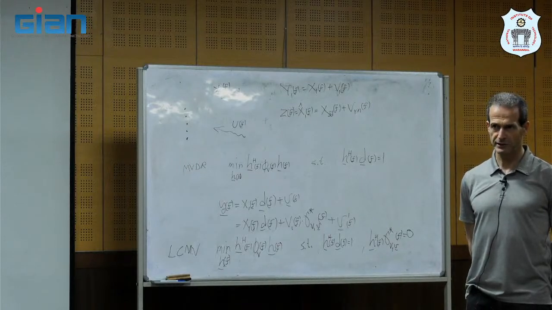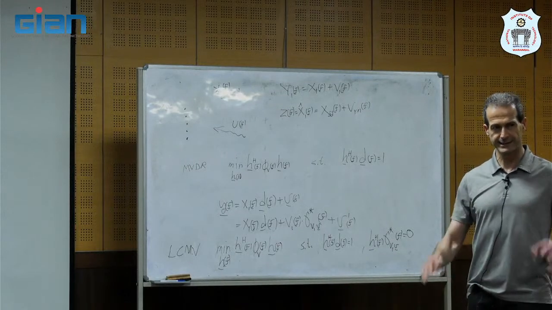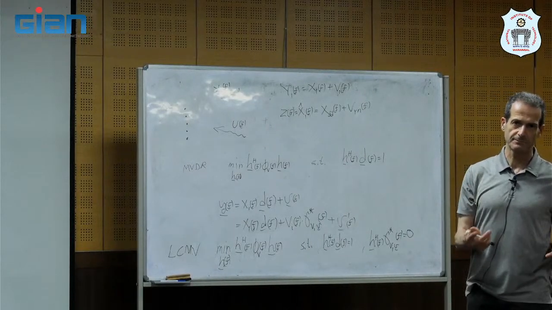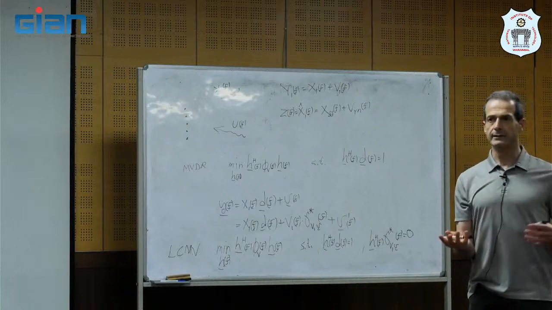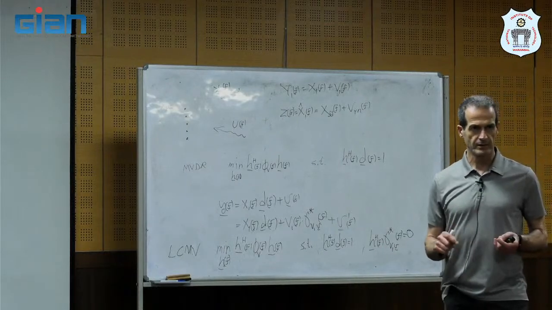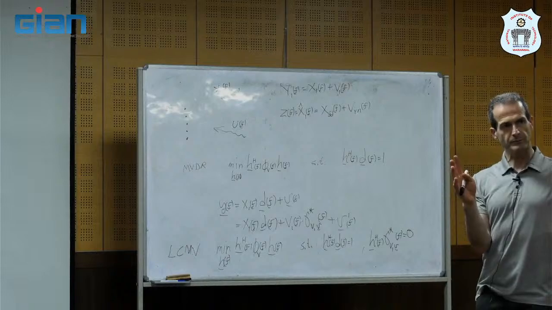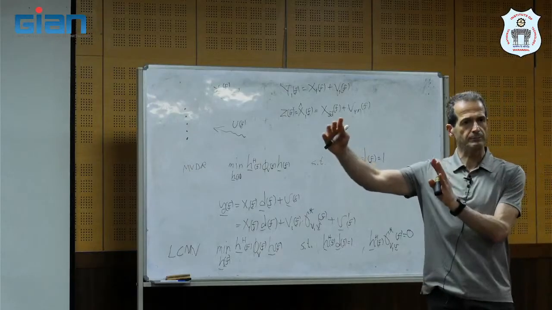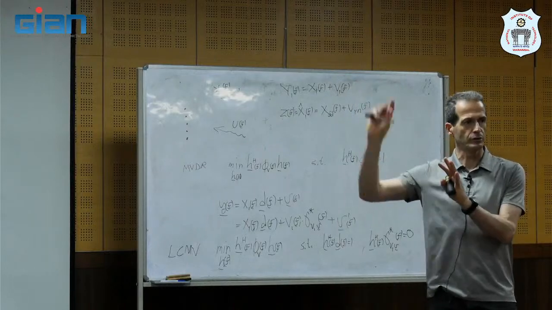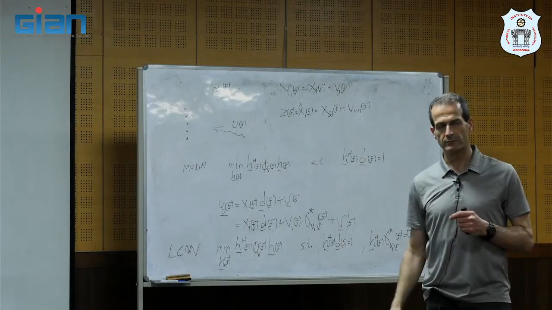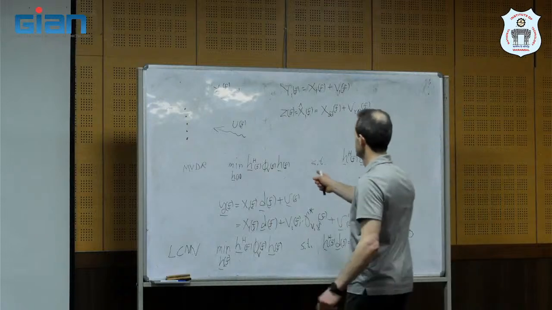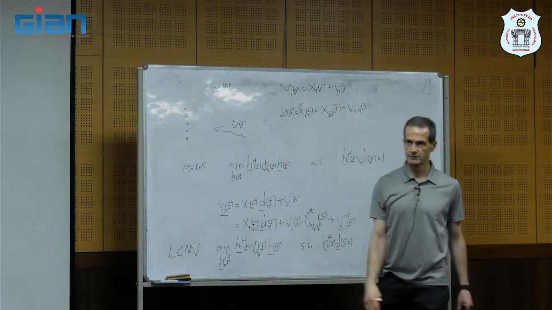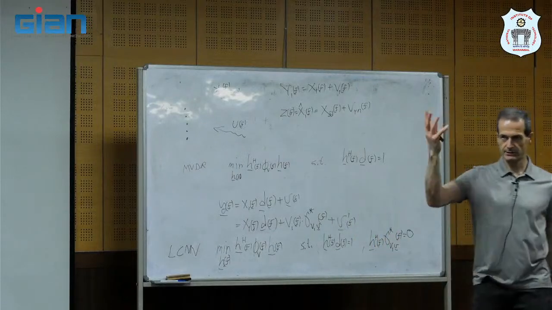MVDR, what is MVDR? We have the signal subspace, which contains the signal plus noise subspace, and the noise subspace. So in the signal plus noise subspace, we don't touch it. We keep it as is. In the noise subspace, we suppress all noise. We minimize. So we put to zero all that noise in the noise subspace.